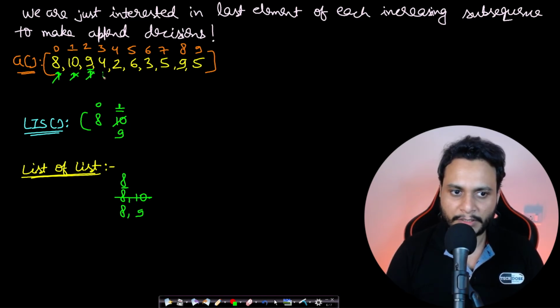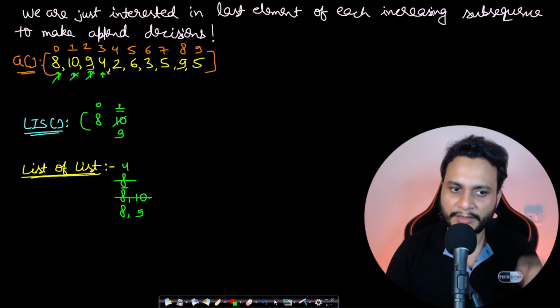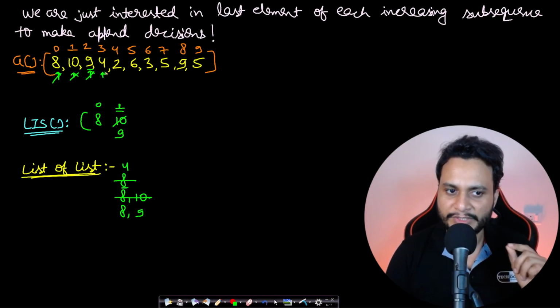Okay, now if you look at 4, then what to do? You have to make a new list here, right? So you will be making a list starting with 4, and then there are 2 lists of the same size, so you will be discarding it. If you are solving it in the single dimensional array, then find the first index which has value greater than equals to 4, and that will be index 0. Okay, so you override this and make it 4.